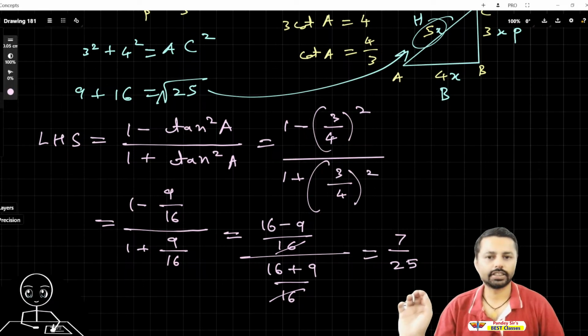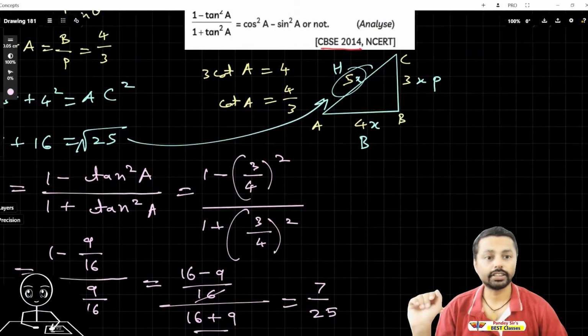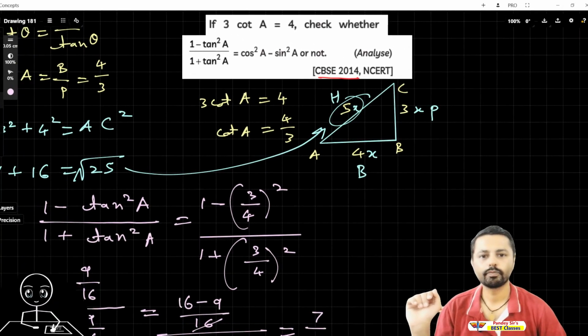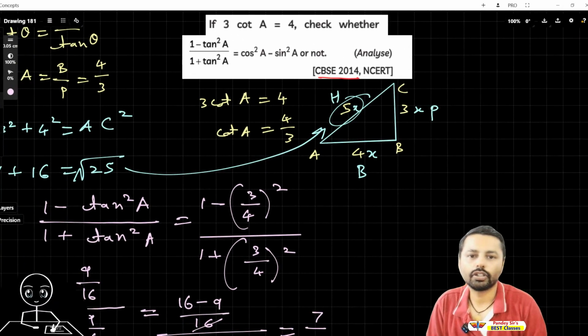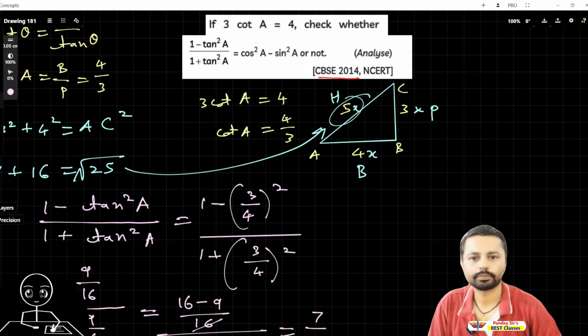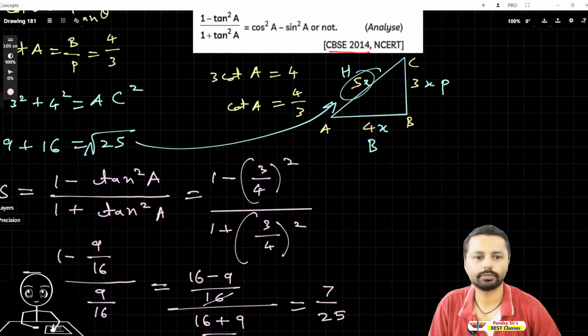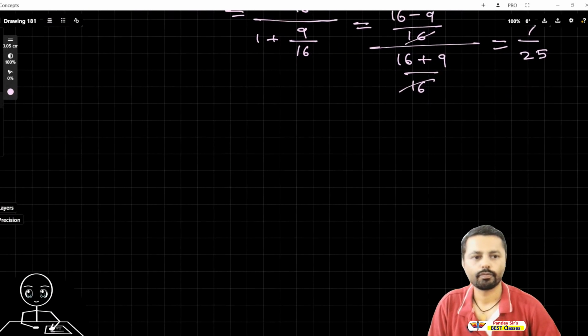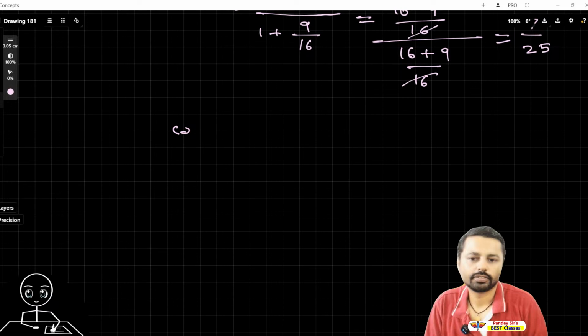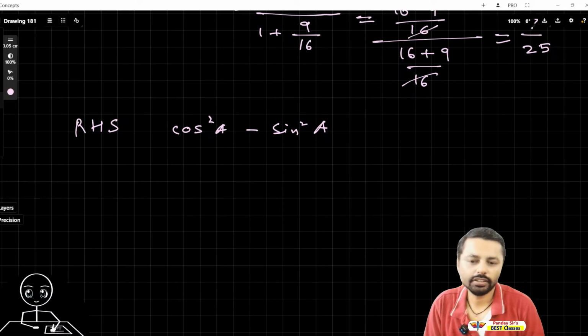Now this is our LHS. Let's see the RHS. RHS is given as cos square A minus sin square A. Keep in mind, cos is base by hypotenuse.